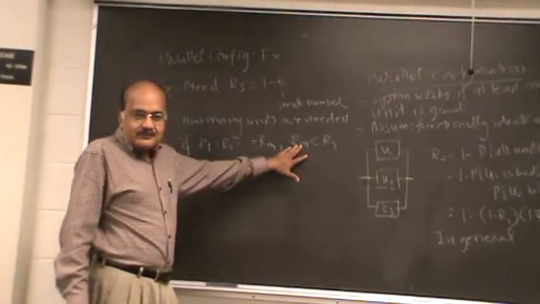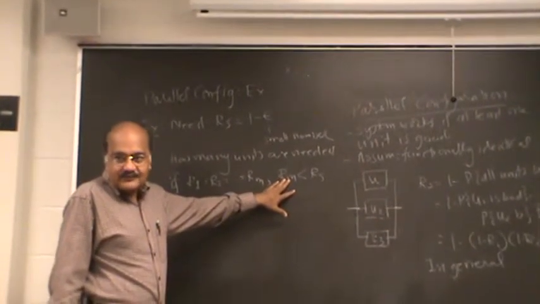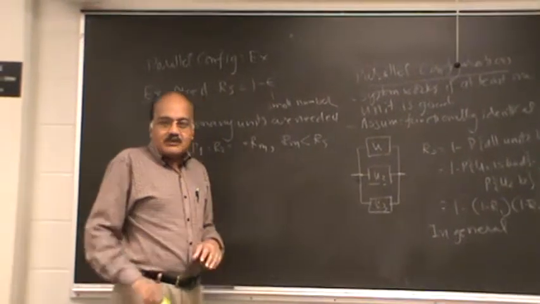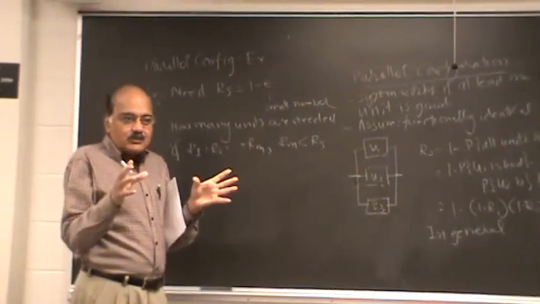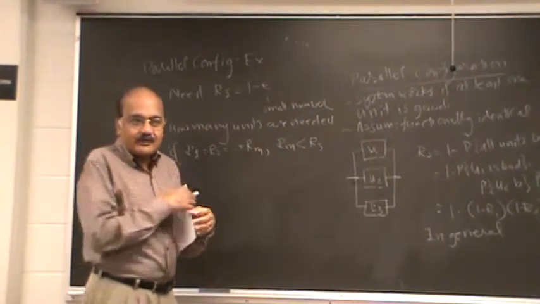If Rm is equal to or greater than Rs, then obviously you need just one, because a single unit will give you the reliability you're looking for. But here the question is how many of these somewhat less reliable units you need, and you put them together in order to achieve higher reliability.